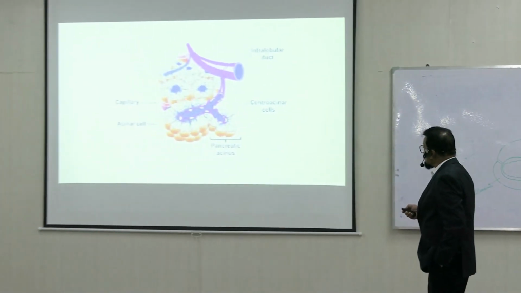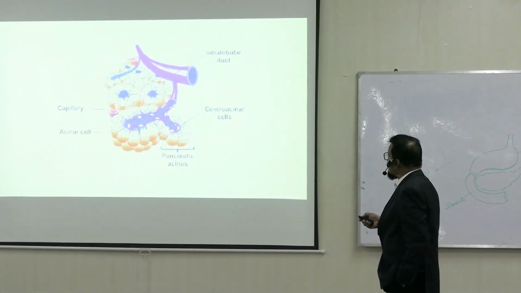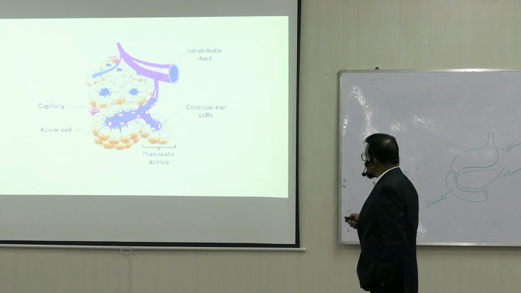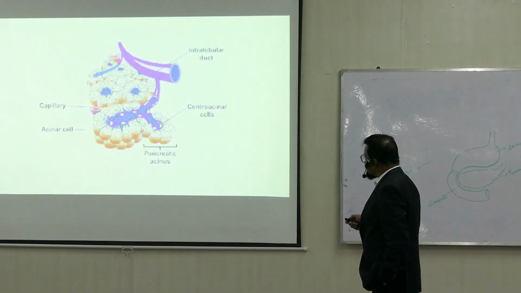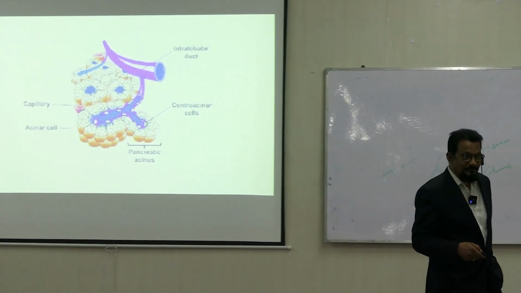These enzymes will be carried through the ducts, initially by intercalated ducts. We'll see this. So this is one of the acini. These are acinar cells. And within these cells, you will find these granules, zymogen granules.